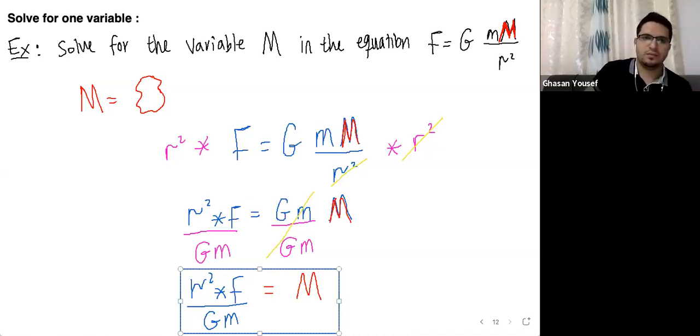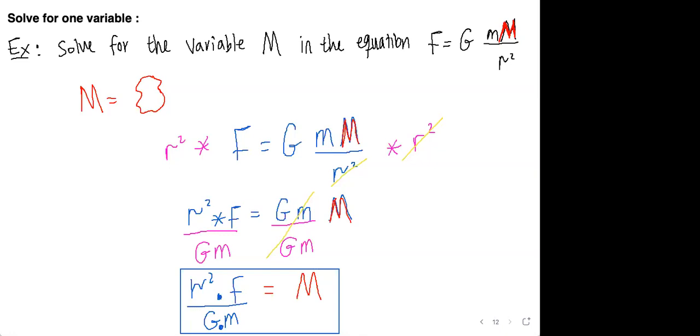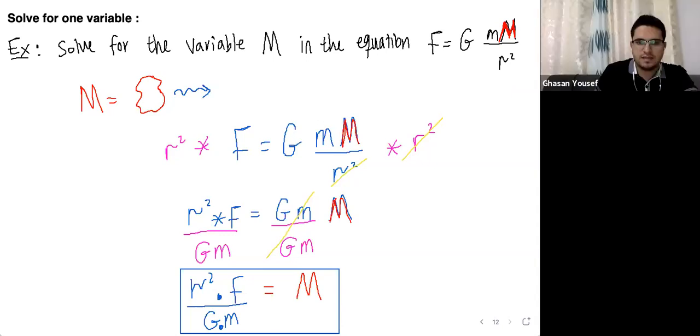Or I can remove this here and multiply them with a dot, like that. So this M, I can write it as F times r squared over G times m.